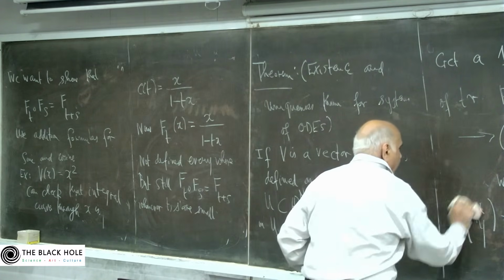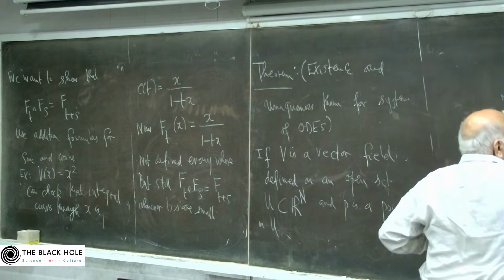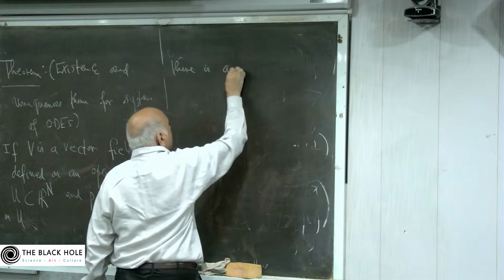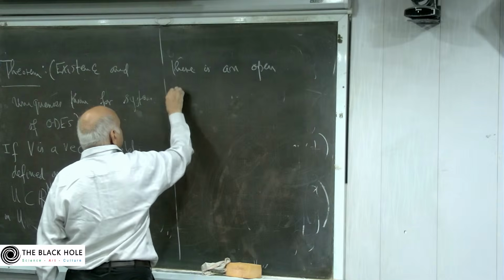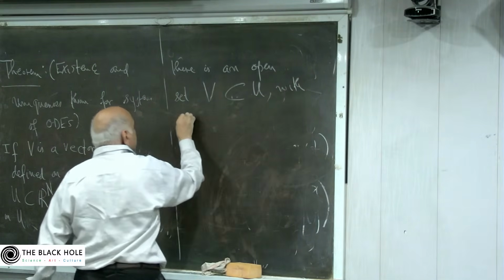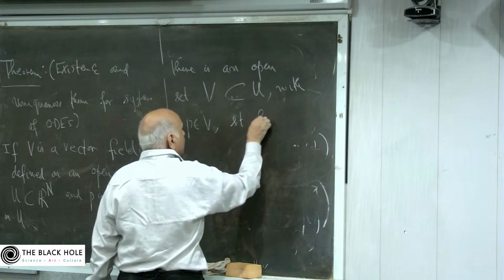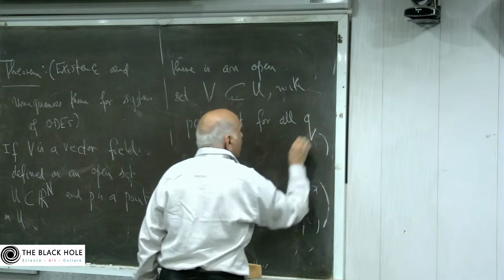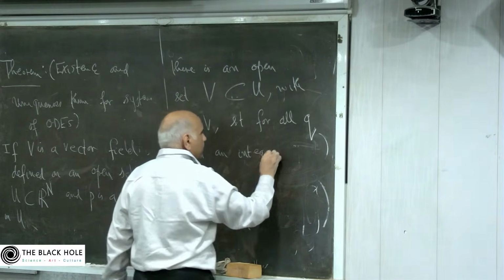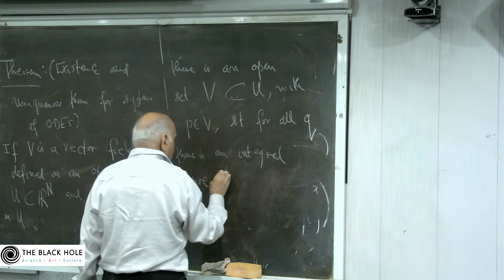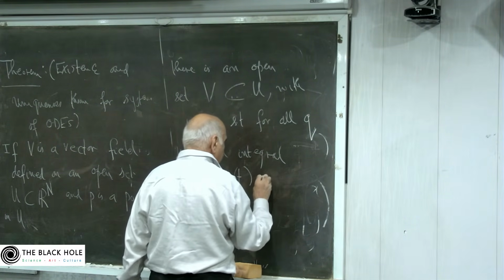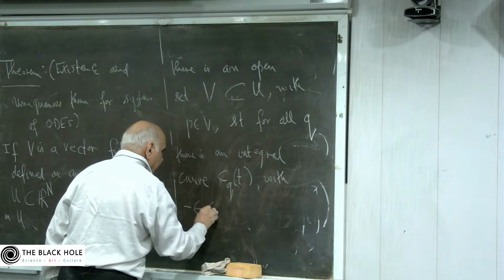then there is an open set V contained in U with P in V, such that for all Q there is an integral curve c_Q(t) defined for the same epsilon, with minus epsilon less than t less than epsilon.